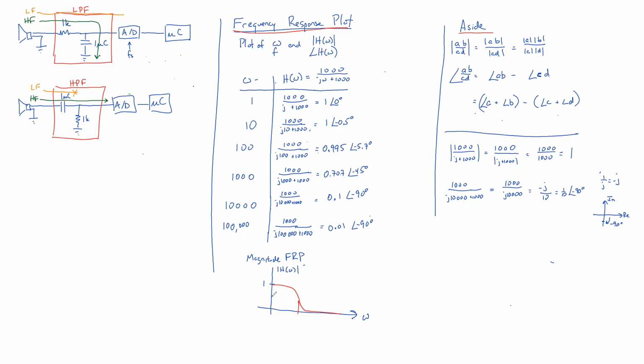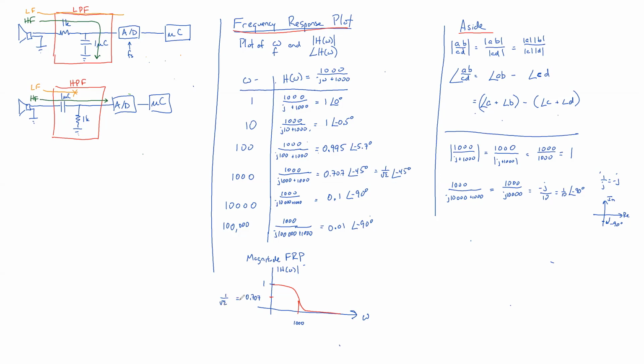And we say its cutoff point is at 1,000, where its magnitude is 0.707. This turns out to be exactly 1 over the square root of 2 at an angle of negative 45 degrees.